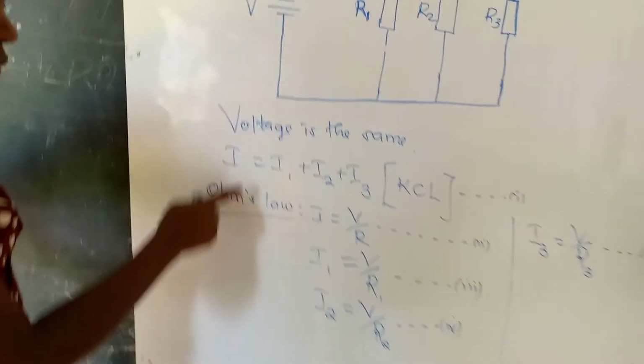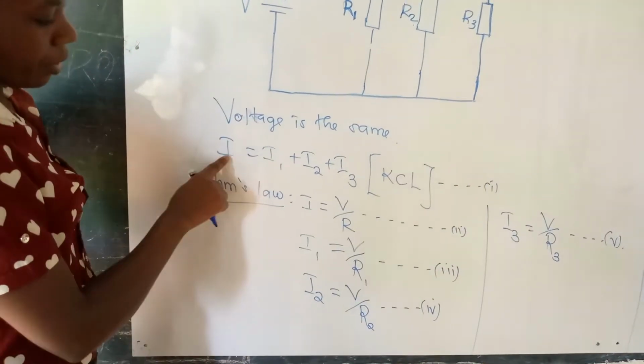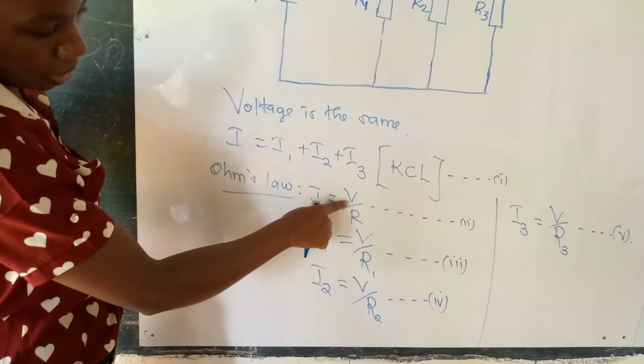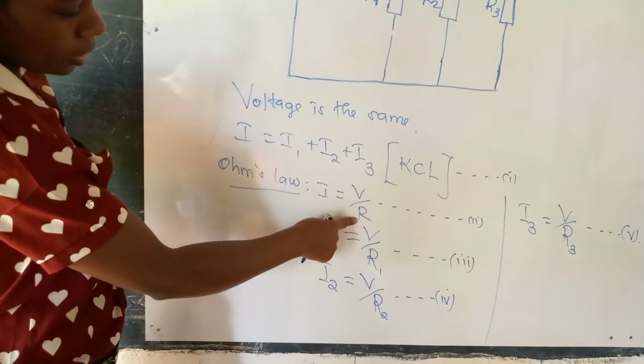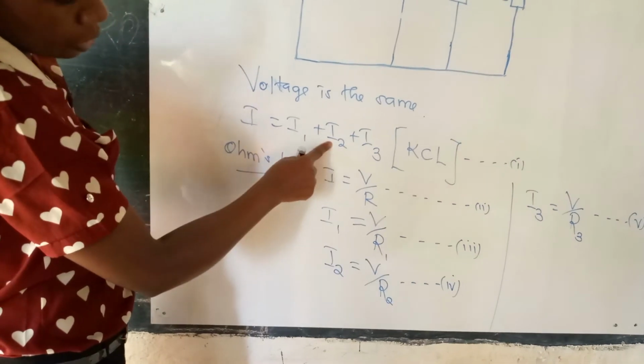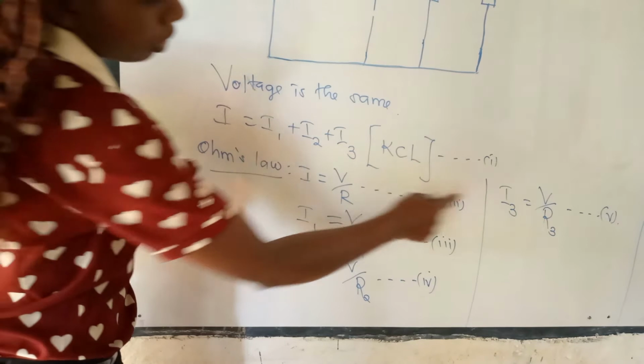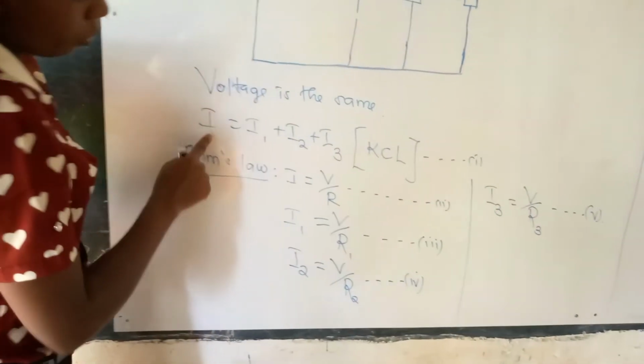Now we are going to use equation 1 to substitute into the other equations, whereby we have I given as V over R, and for I1 we have V over R1, for I2 we have V over R2, and for I3 we have V over R3.